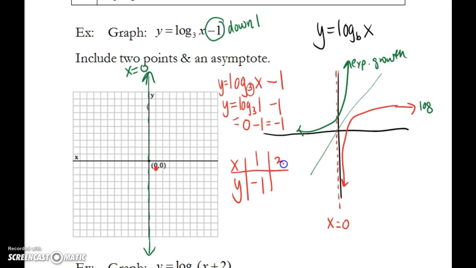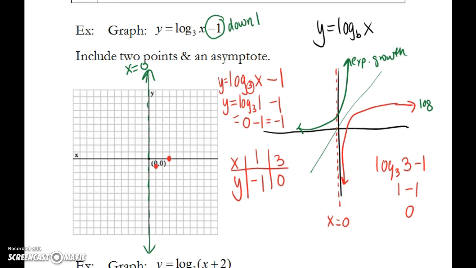Let's pick 3. If we pick 3, we have log base 3 of 3 minus 1. So log base 3 of 3 is 1. 1 minus 1 makes 0. So (3, 0) is another point on our graph. So again, you want to pick convenient values of x.